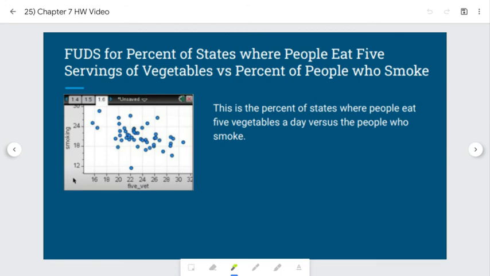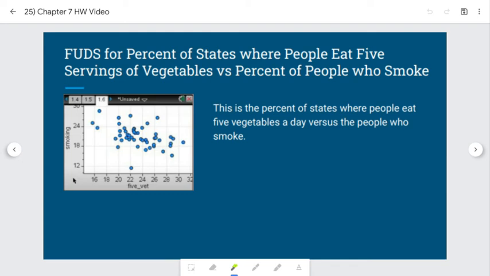Now, when I get to this next one, this is representing the percent of states where people eat 5 vegetables a day versus the people who smoke. So it's those two percentages here. And we don't see that linear pattern that we had in the previous two. Over the last couple, we've gotten weaker. Because it's not modeling something linear in this case, I'm going to go with this being a weak correlation.